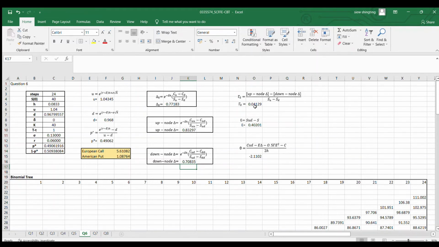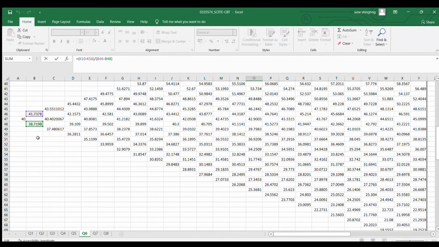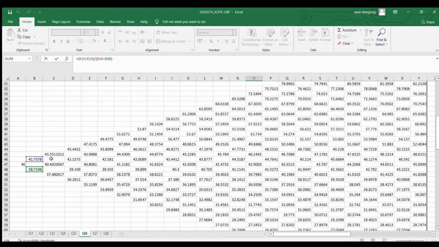So for gamma, we just use the up node delta minus the down node delta divided by SU minus SD. So for here, we just use the up node delta minus 0.70, the down node delta, divided by the SU minus SD, from binomial 3, period 1, 41 minus 38.